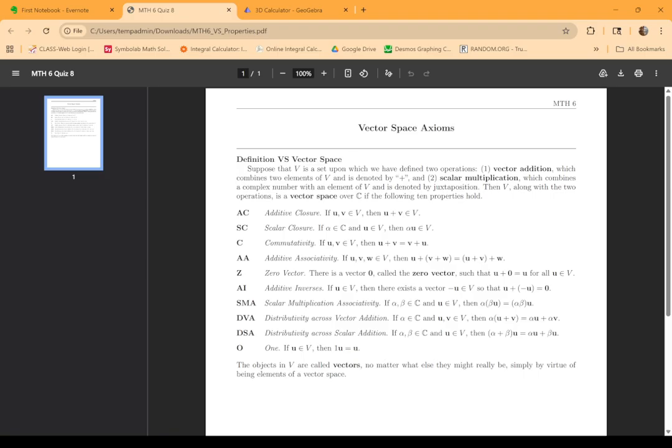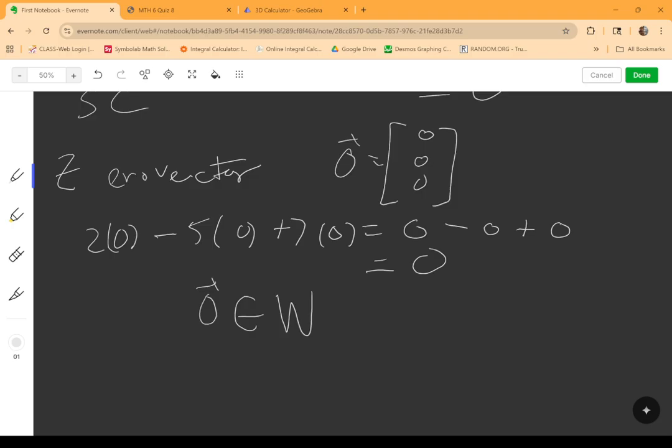So here, I don't really need to go through testing all these properties right now, even though I know that it's a vector space if it satisfies all those properties, because I've already established the fact that R3 is a vector space. All the vectors in W come from R3, so a lot of those properties hold.